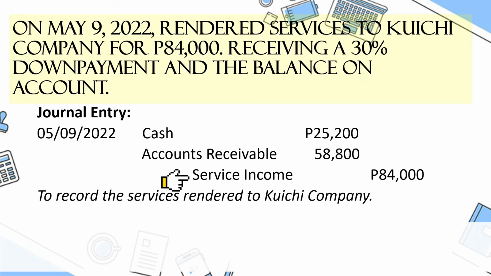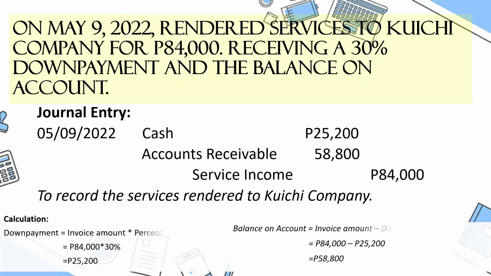To get the cash account and the accounts receivable account, this is our calculation. The formula for down payment is invoice amount times percentage. Our invoice amount here is 84,000 times the down payment of 30%. 84,000 times 30% equals 25,200. That is the cash we received first.